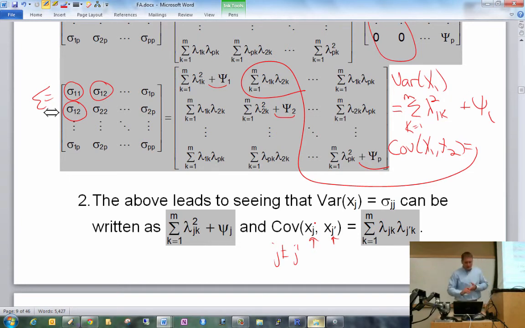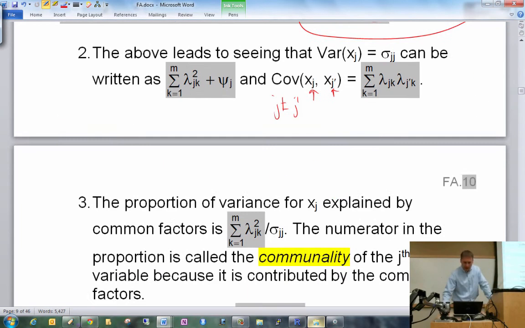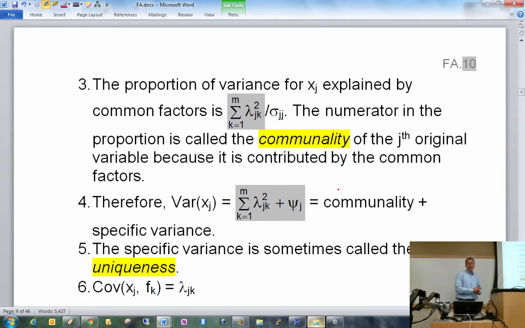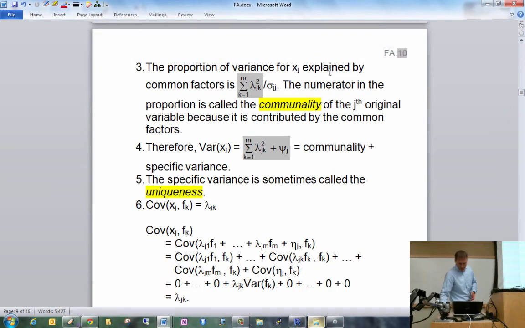This is actually on page 10, so why don't I just go there? The proportion of variance for xj that's explained by the common factors is the sum of these lambda squared divided by the variance of x sub j.